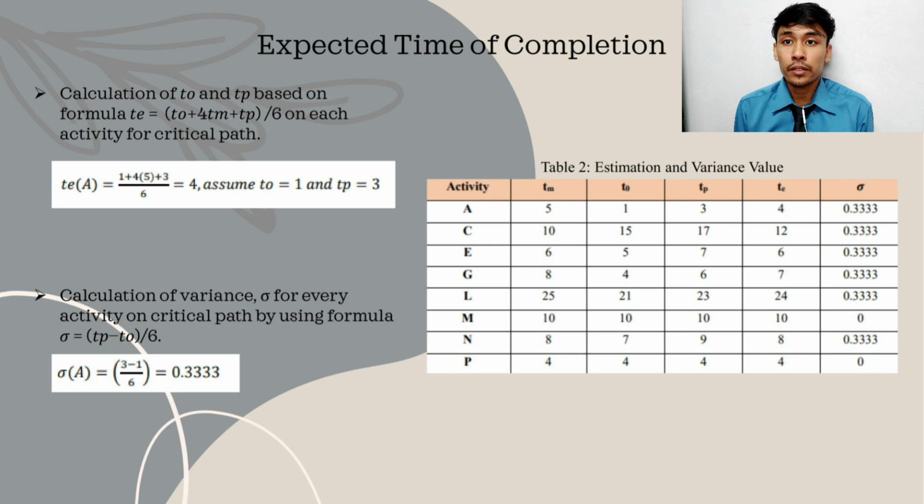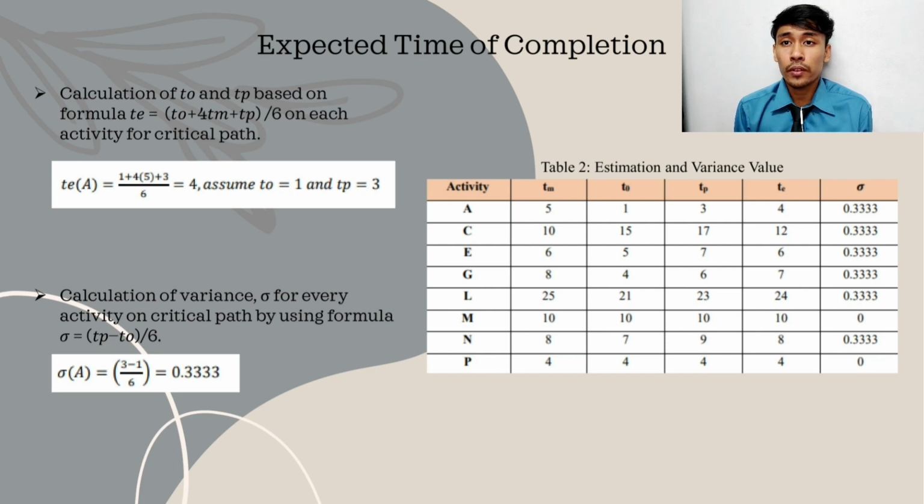To find the TP and TO values, we can use the formula TE is equal to TO plus 4TM plus TP divided by 6. For example, TE for activity A is 4. So I assume TO is equal to 1, TM is equal to 5 and TP is equal to 3. When inserting these values into the formula, TE for activity A should be 4.